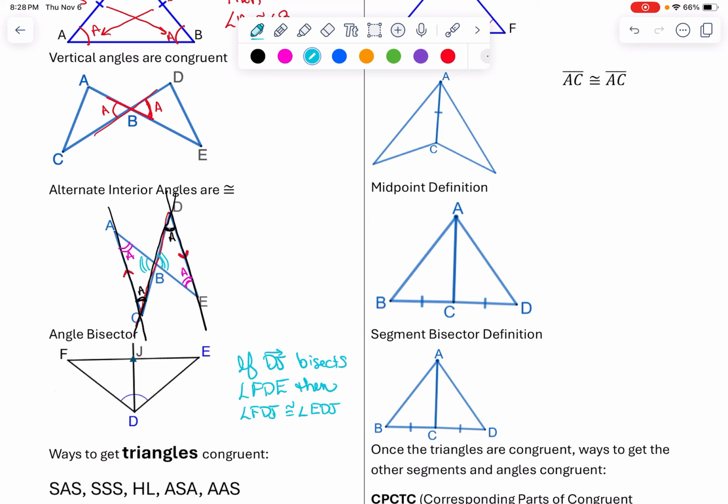So if you see anything mentioned in a proof that a ray or a segment is bisecting an angle, you know that those two smaller angles must be congruent to one another.